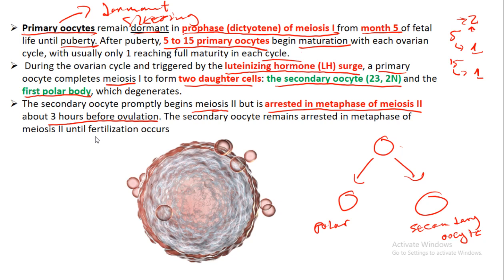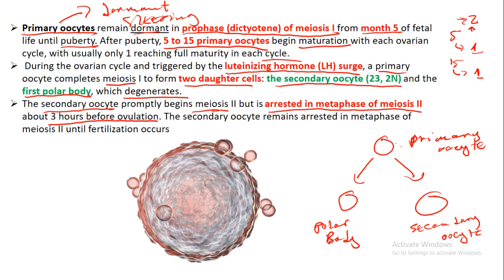Before a woman starts ovulating, this secondary oocyte is produced with the polar body, which has to degenerate. So the primary oocyte has produced two daughter cells, one of them is the polar body and the other is the secondary oocyte.